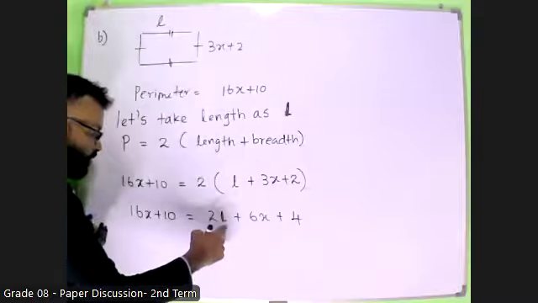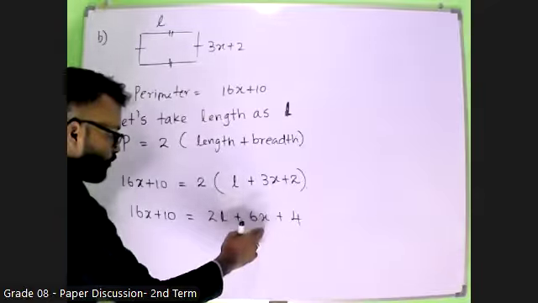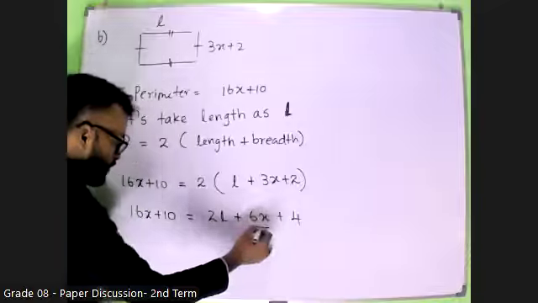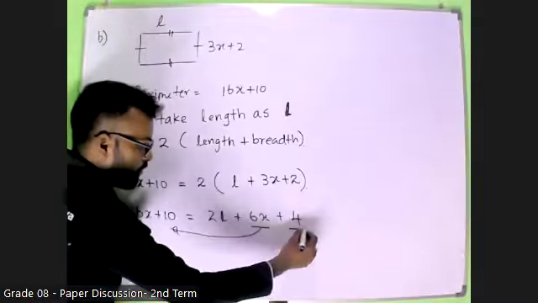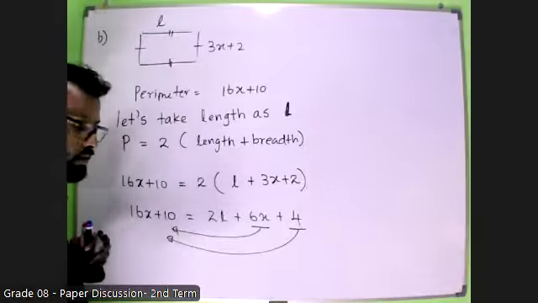So my L is here now. You need to take this 6x to this side, this 4 to this side.